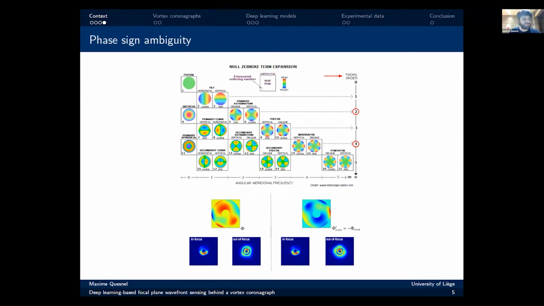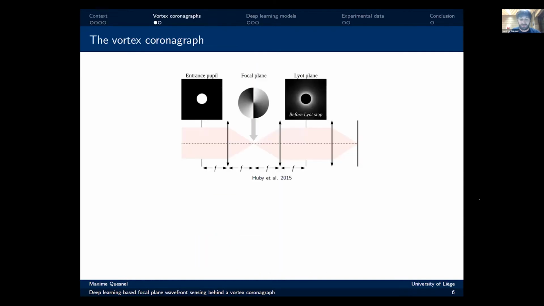So we try to explore other possibilities, and one of them could be to benefit from the vortex coronagraph. The vortex coronagraph is basically a focal plane phase mask, which is transparent, and lets any on-axis light be diffracted outside of the pupil area, where a Lyot stop can then remove this light, so it's suppressed in the focal plane.